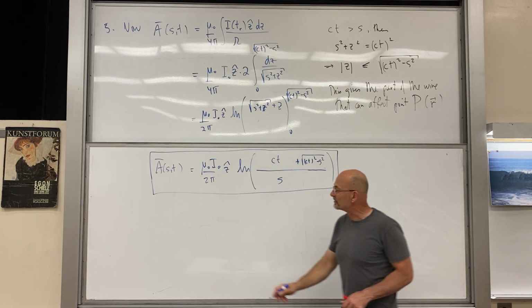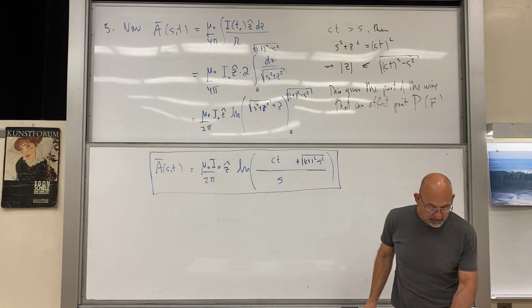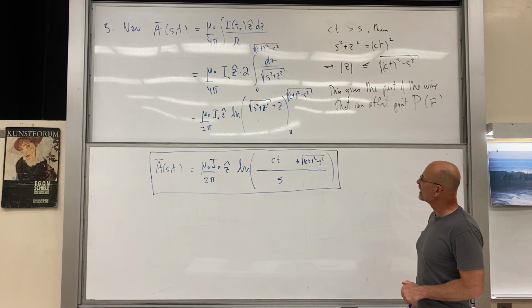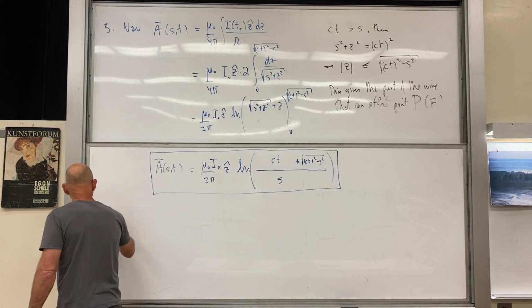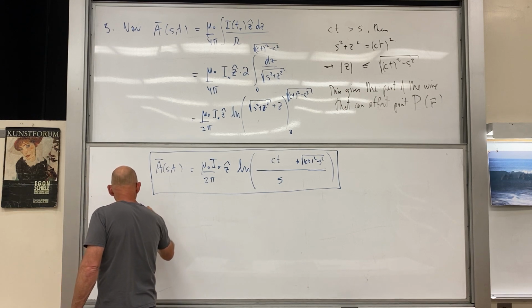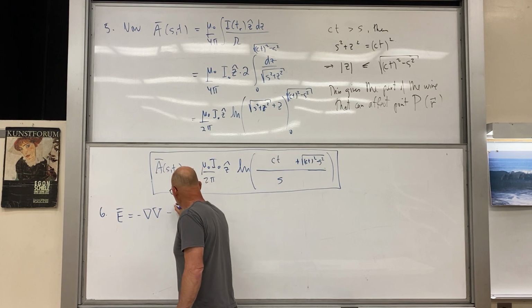And now we want to get the fields. Make sure I got that. Ct plus, yeah, root ct squared minus s squared. Good. So next, 6, we have E is equal to minus gradient V, which was identically 0, minus dA dt.